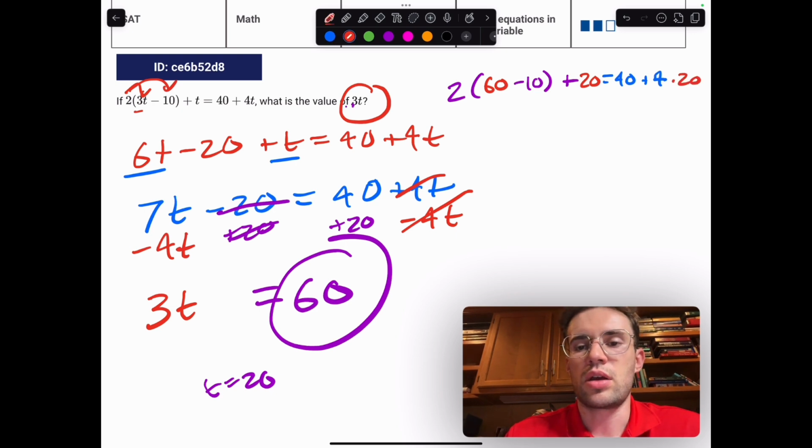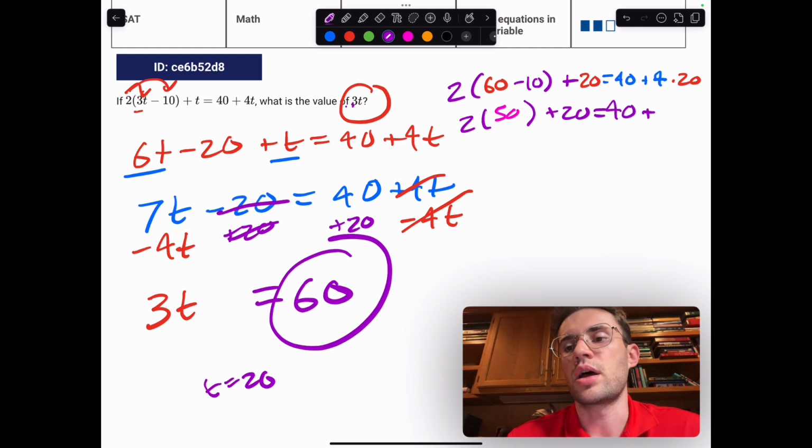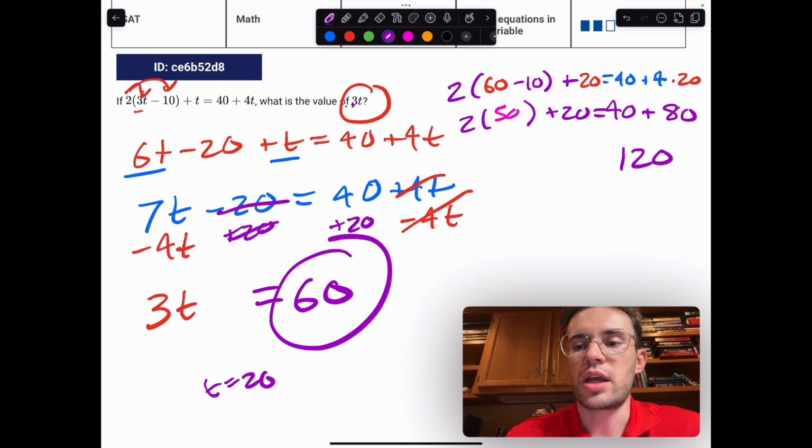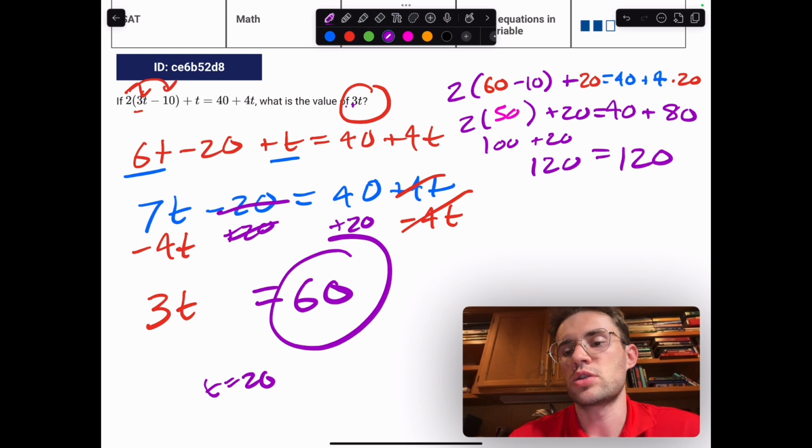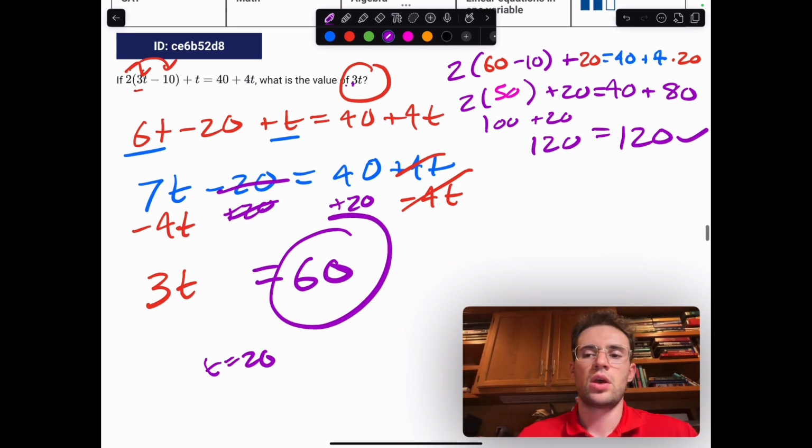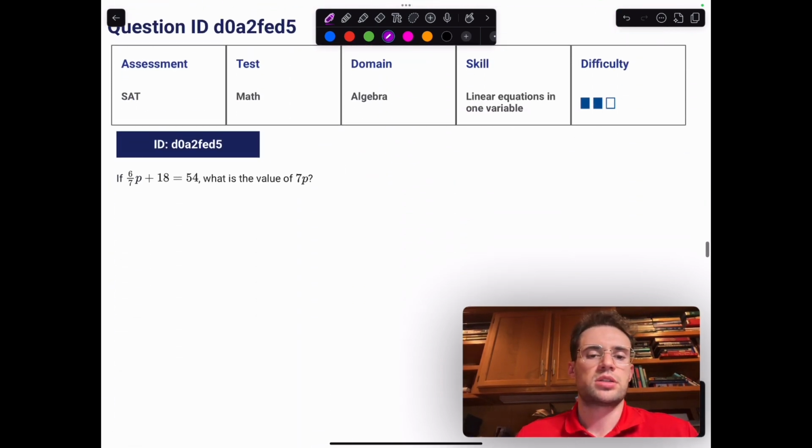So see if those two are equal. 60 minus 10 is 50. So we get 2 times 50 plus 20 should be equal to 40 plus 4 times 20 is 80. 40 plus 80 is 120 on the side, and 2 times 50 is 100. 100 plus 20 would be 120. So 120 equals 120, that checks out. All right, so that is correct.